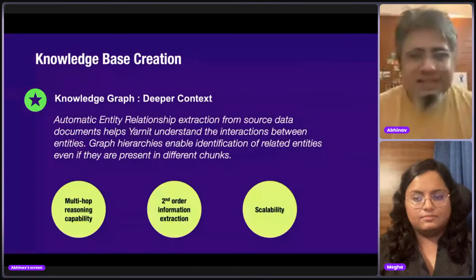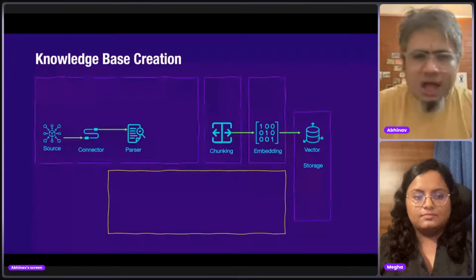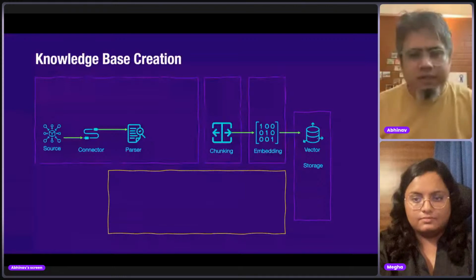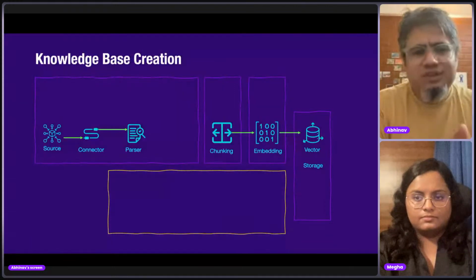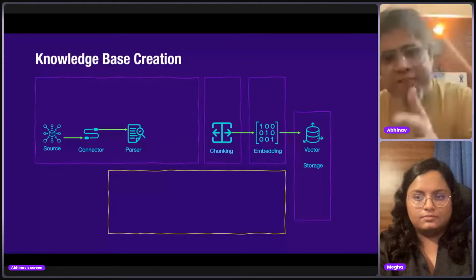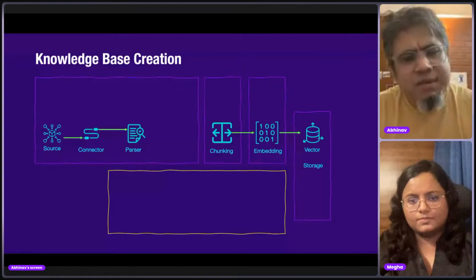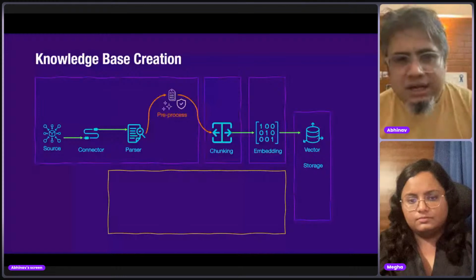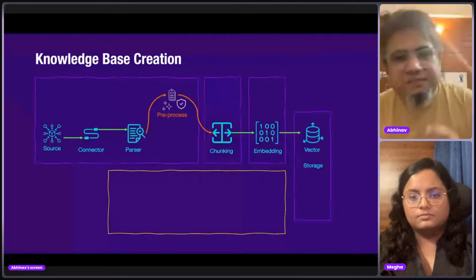So now let me walk through the entire process. What I have here is the knowledge base creation workflow that we saw in our naive RAG approach, where there is data loading, data chunking, embedding, and vector storage. Among the interventions that we have brought in, we pre-process the loaded data to add metadata, to clean it, to remove confidential information, and do a privacy check there.